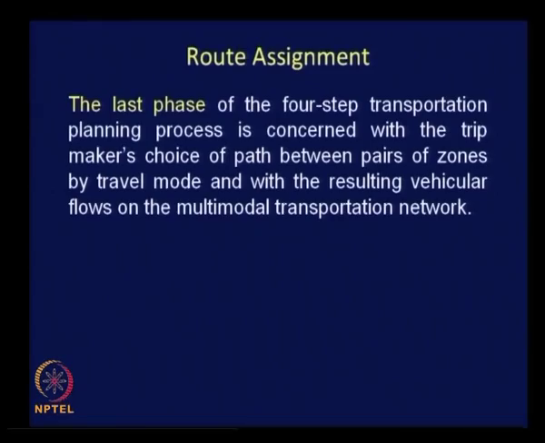Zone 1 and 2, you may have 2 or 3 alternative routes, and people might use all the 3 alternatives or sometimes only 2 alternatives, or worst case maybe only one route might be used. So, we must understand how people are choosing the route for travel from one zone to another zone. That is a question to be answered in this particular step, right.